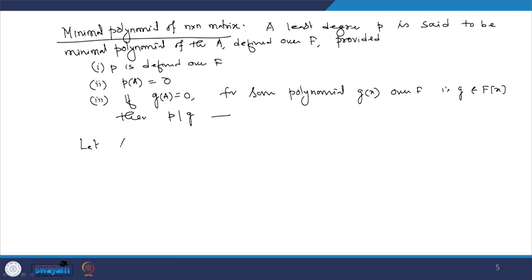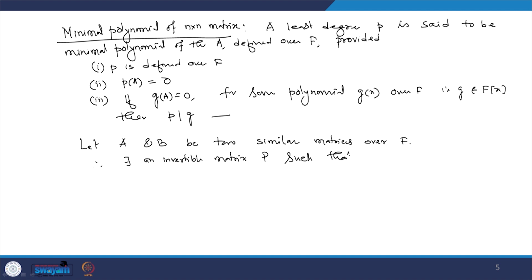Let A and B be two similar matrices over capital F. So, there exists an invertible matrix capital P such that A equal to P inverse BP, because A and B are similar.